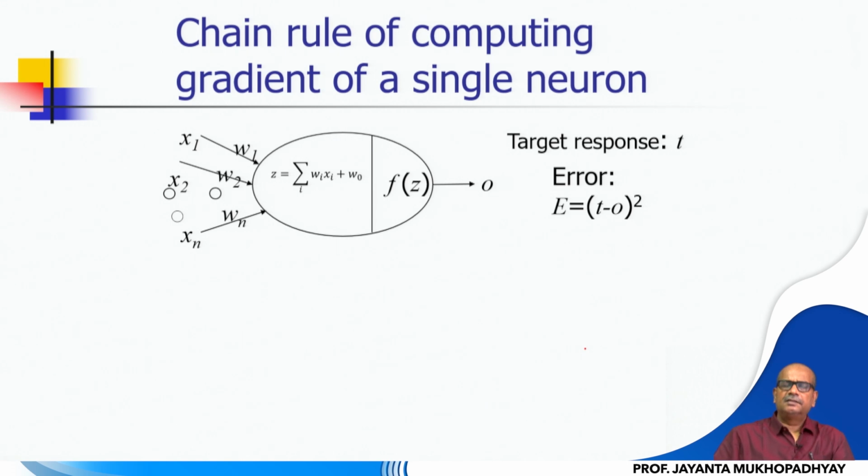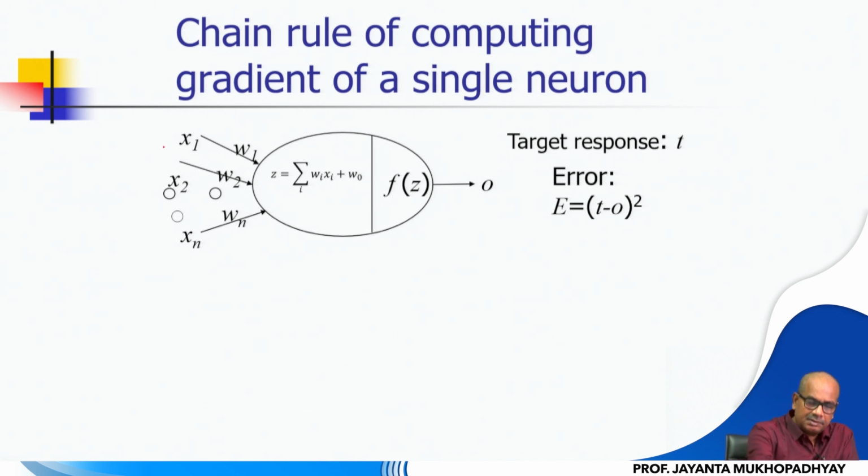Now, let me elaborate further on this gradient computation, and we will see how this backpropagation algorithm is designed, exploiting the chain rule of gradient computation. So, first we will consider a very simple case where you have a single neuron only, and the inputs are n-dimensional, as you can see.